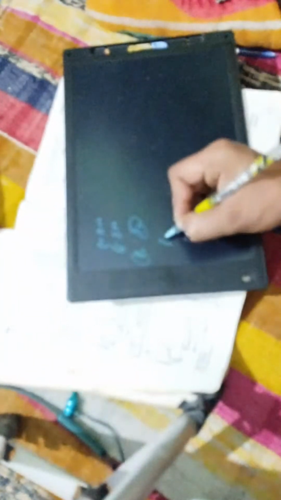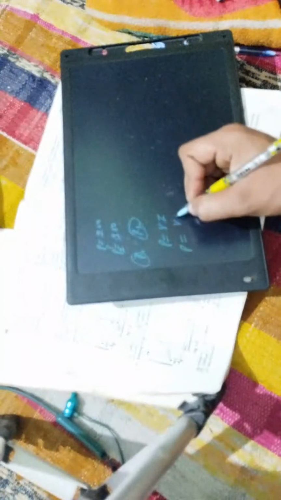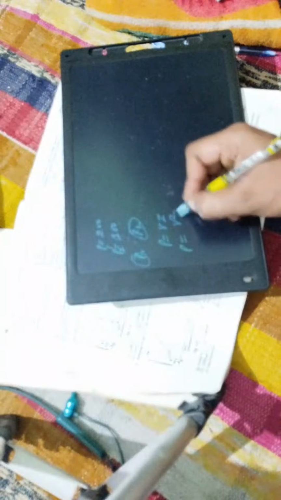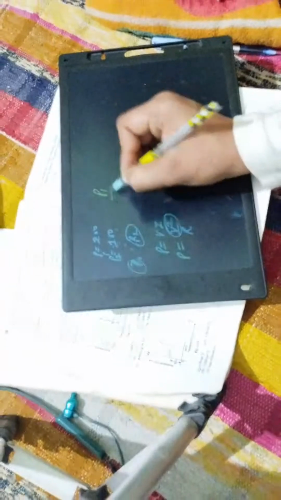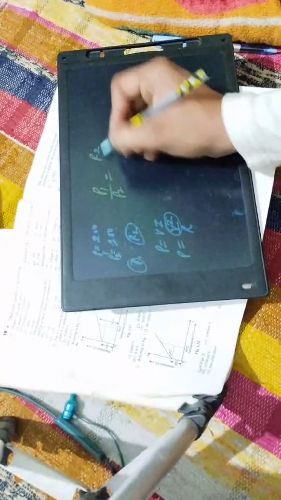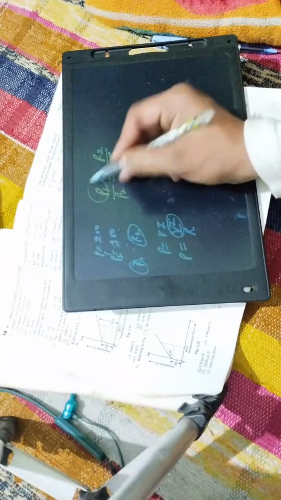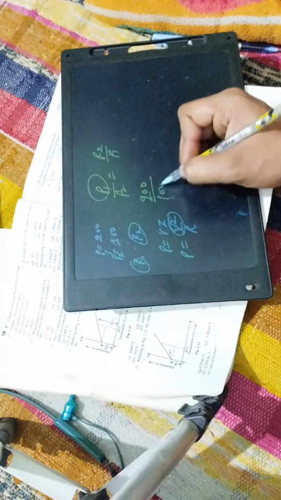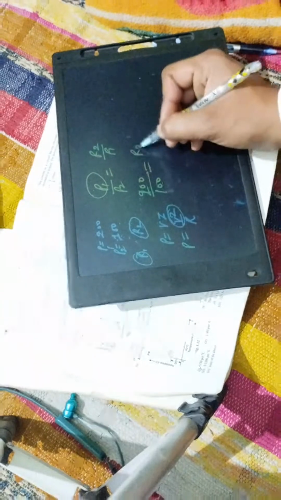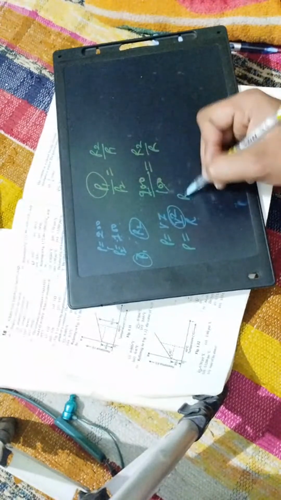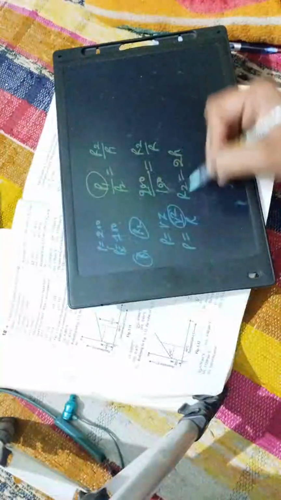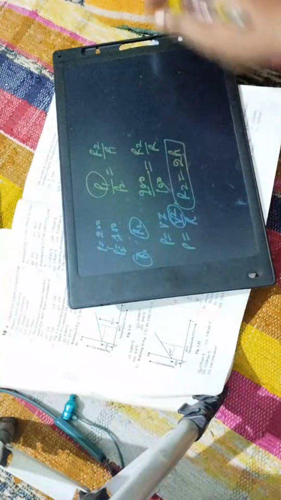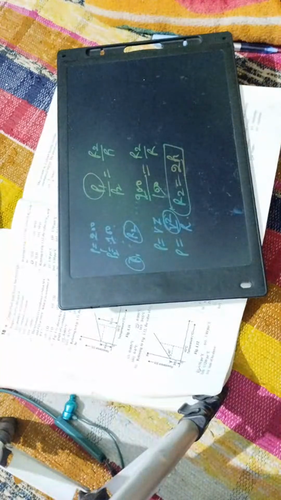We know that P is equal to VI, and P is equal to V square upon R. V is the same voltage, so P1 upon P2 is equal to R2 upon R1. With P1 equal to 200 and P2 equal to 100, 200 upon 100 is equal to R2 upon R1, then R2 is equal to 2R1.